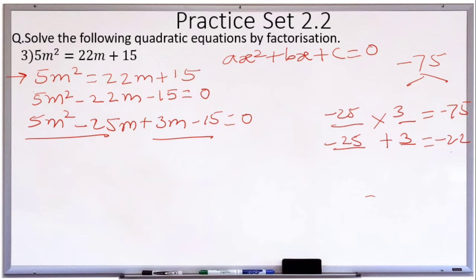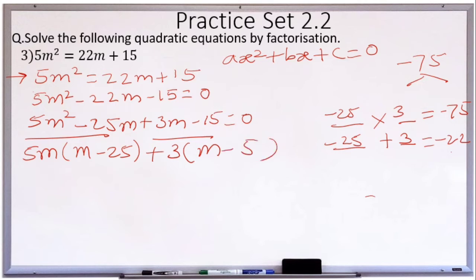Then taking common terms out, taking 5 outside, 5m, so m minus 25, then plus 3 into m minus 5.